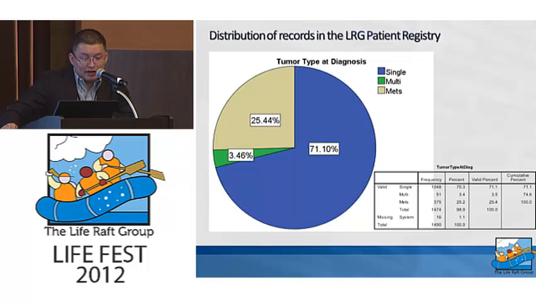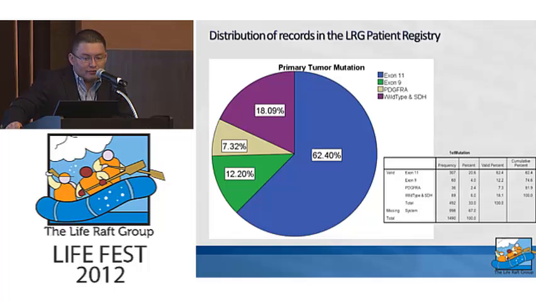In our database, 71% of the records reported a single tumor at diagnosis. 3.46% reported a multifocal tumor at diagnosis, and 25% reported metastatic disease at diagnosis. Now, we could also say that probably most of the people who got in touch with the LRG and decided to participate did so because they found that they had metastatic disease, so there could be a bias in our data too.